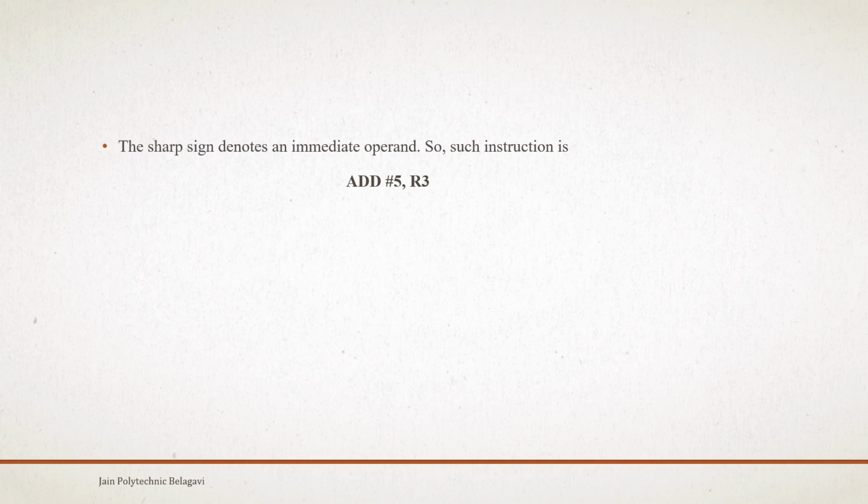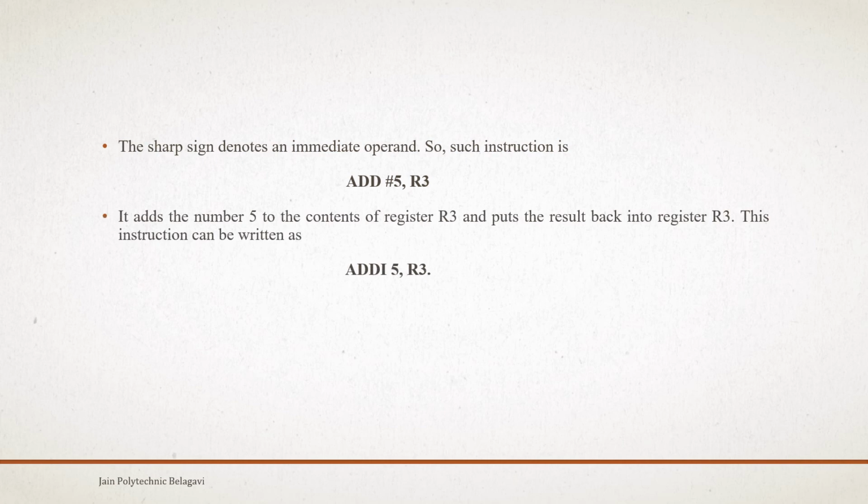Now the sharp sign denotes an immediate operand. We discussed in the last lecture that the sharp sign indicates immediate addressing mode. So add hash 5 comma R3 adds the operand value 5 to register R3.